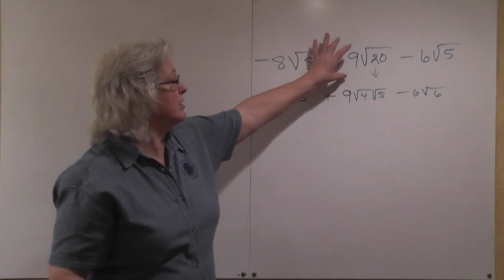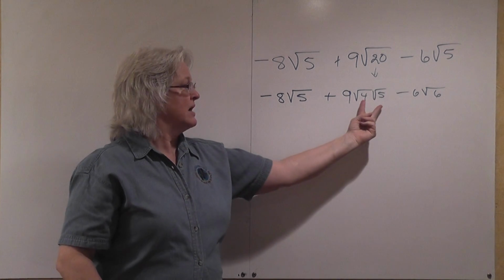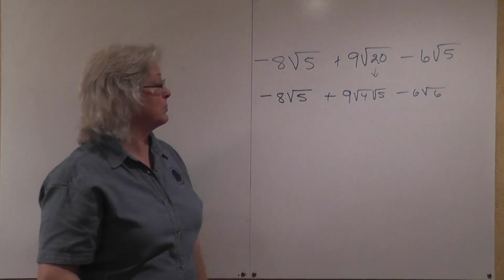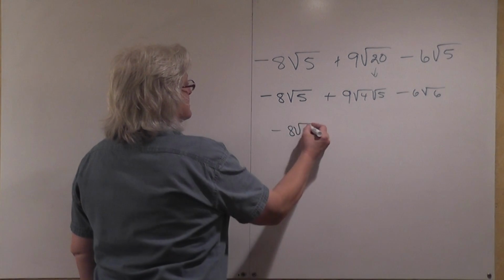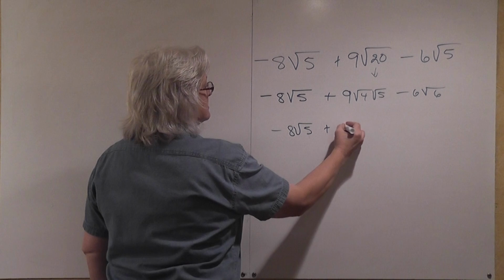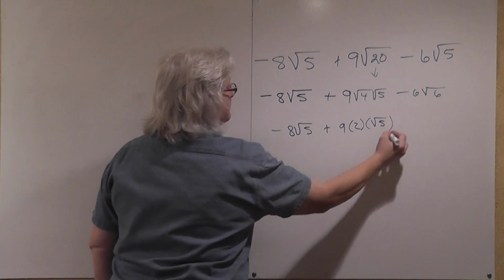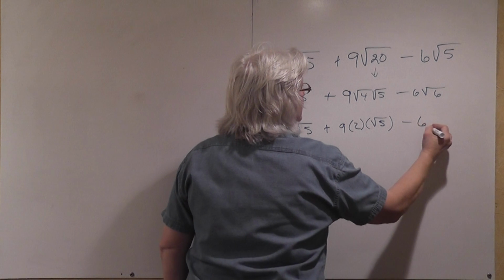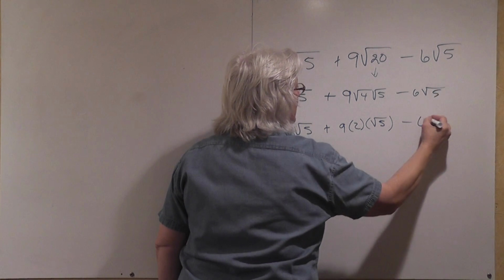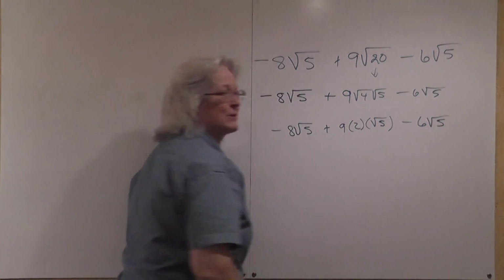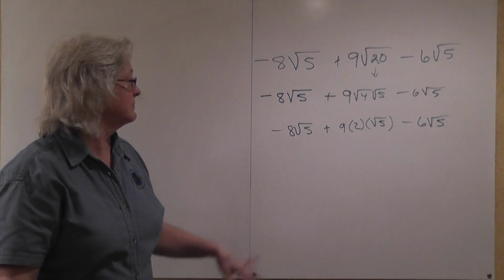And of course our product rule allows me to break the square root of 20 into the product of two square roots. -8 times the square root of 5 plus 9 times 2 times the square root of 5 minus 6 times the square root of 5. And I'm sure that you caught that I had written the square root of 6 instead of the square root of 5, but I caught it as well as I kept going.